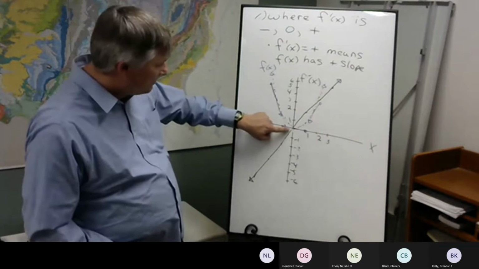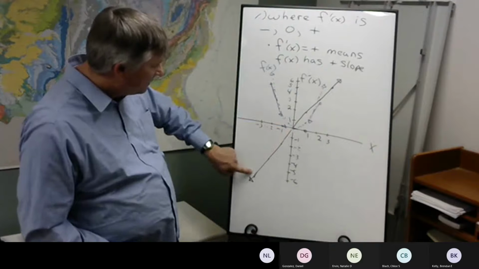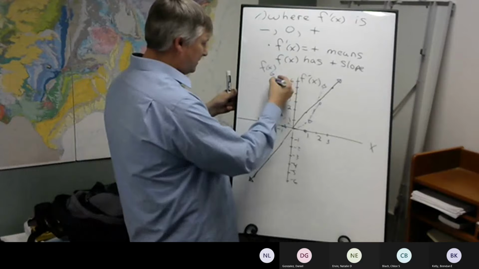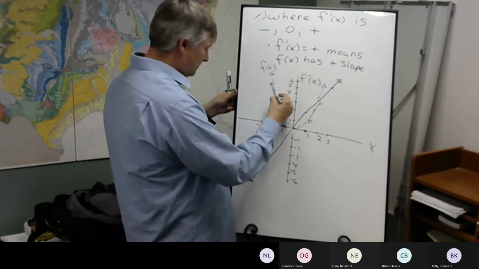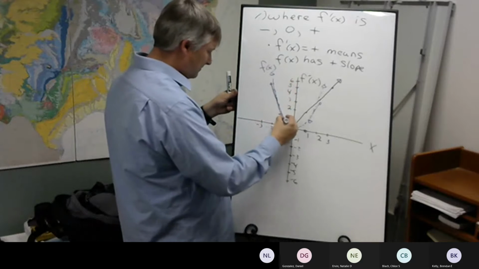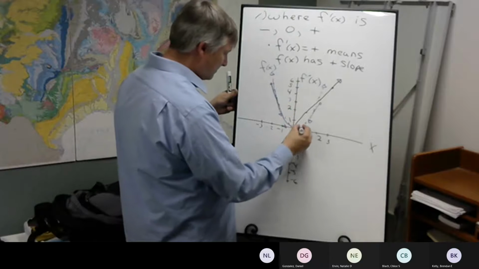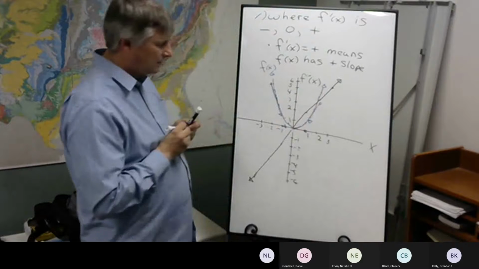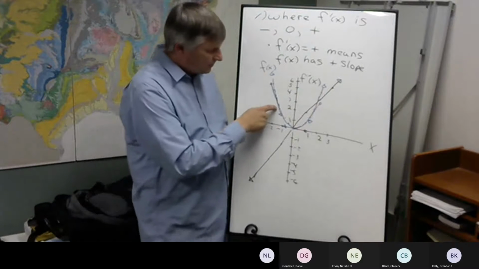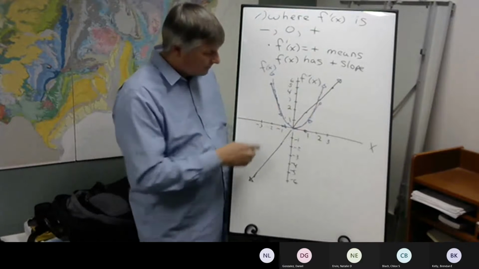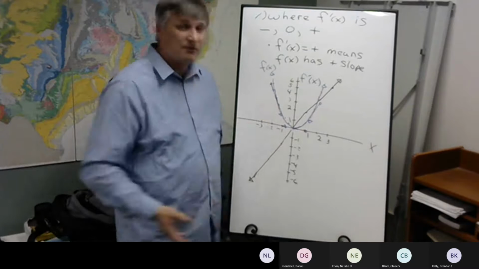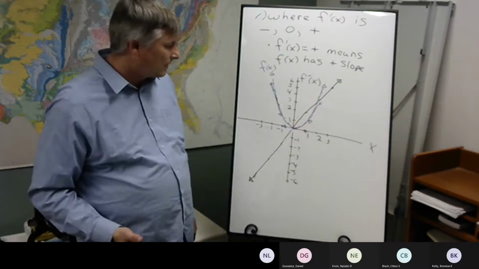It's going to tell us when f prime of x is negative, then we know our function f of x, and I could probably fill this function in, when it's negative, that means f of x has tangent lines with negative slopes.